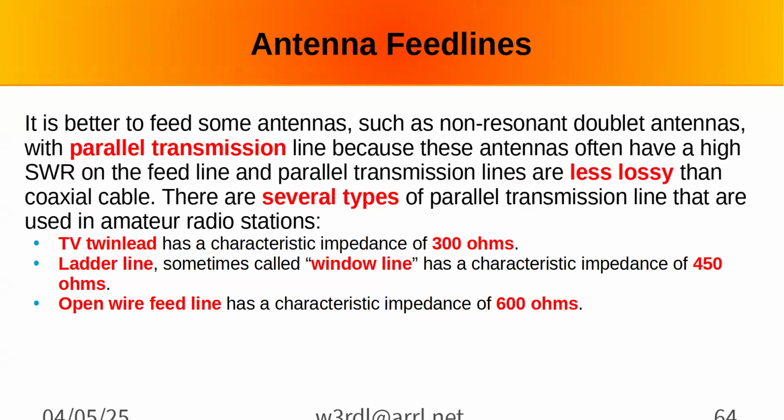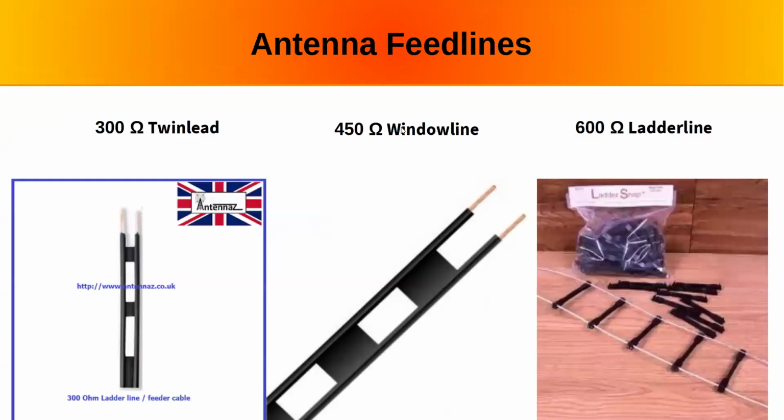Ladder line or window line is 450, and open wire feed line is 600. There's pictures of them. I still have some of the twin lead. I have a bunch of window line. I don't have any ladder line.